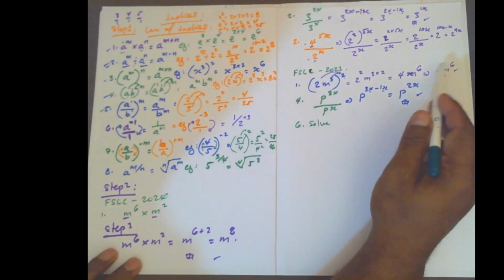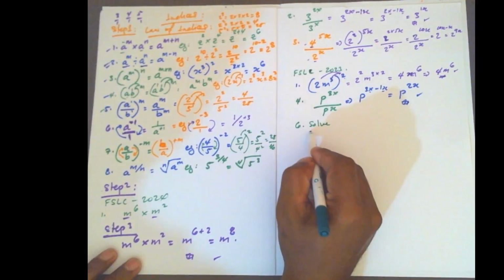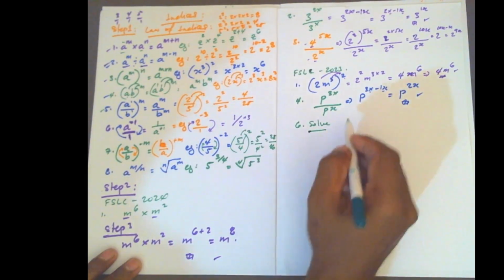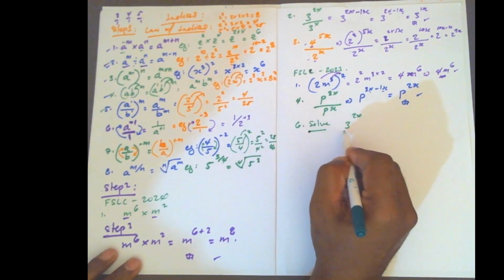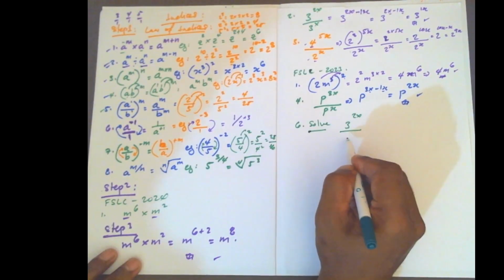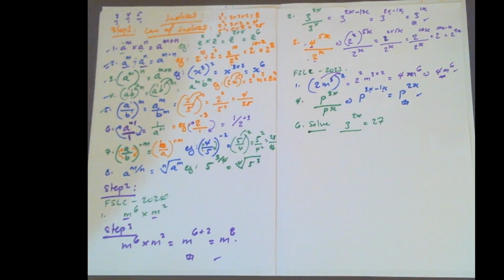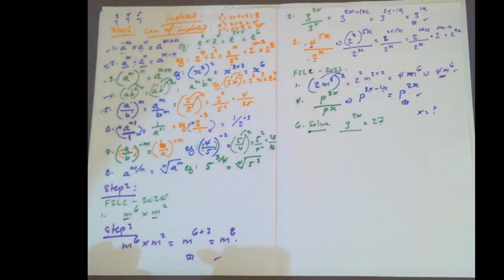Your answers can be in simplified form, but whenever they ask you to solve 3 to the power of 2x equal to 27, that means you need to find the value of x, like x equals what.